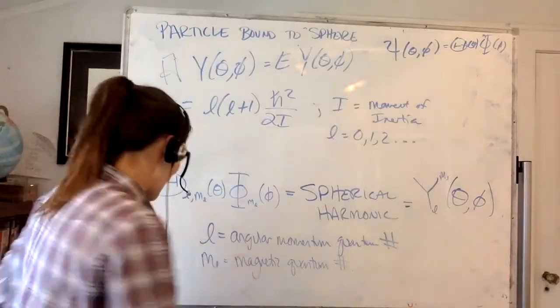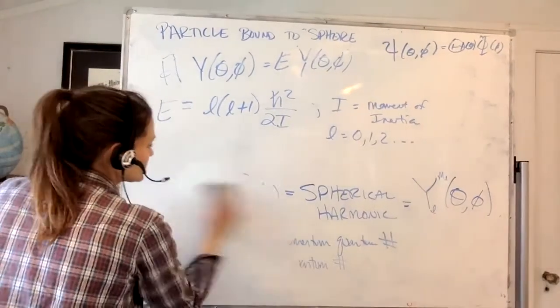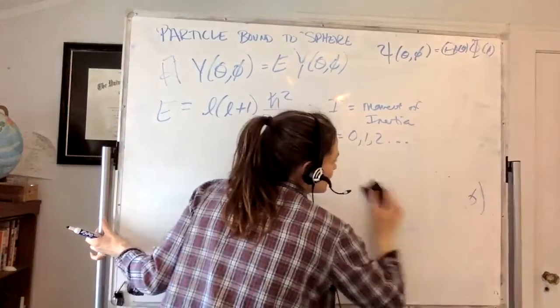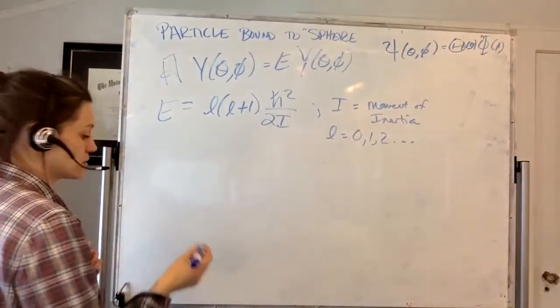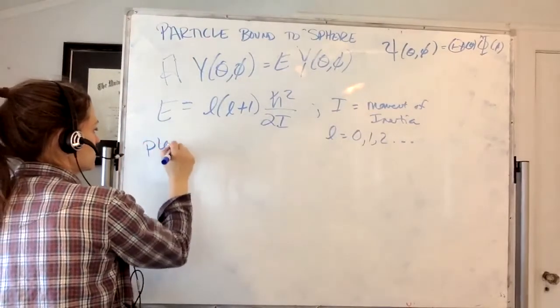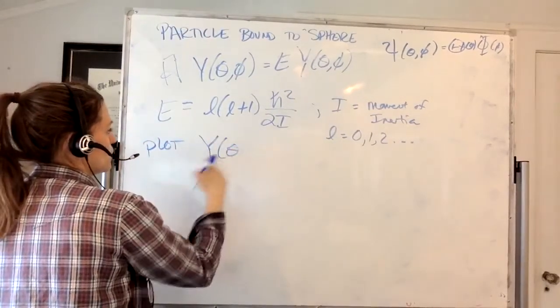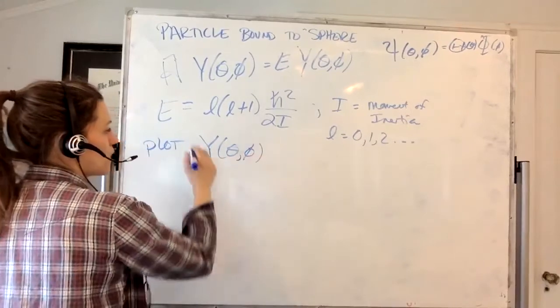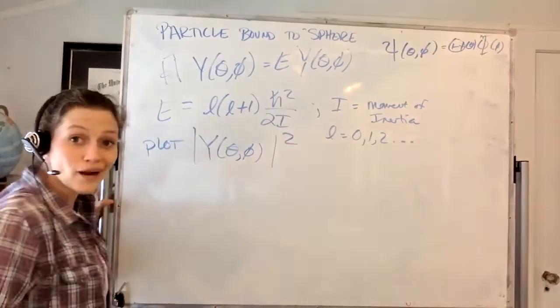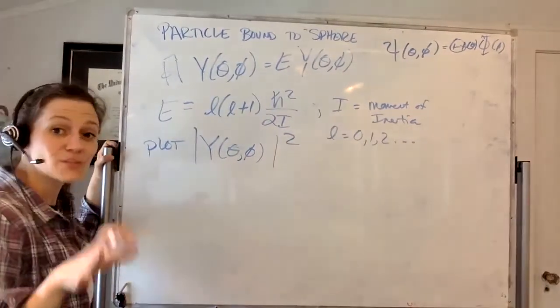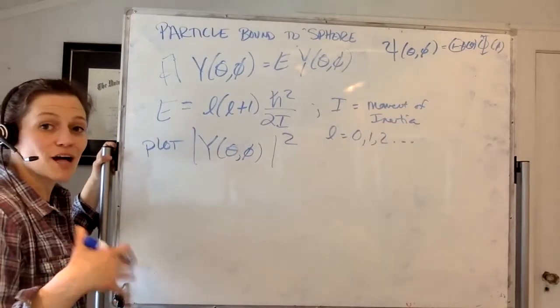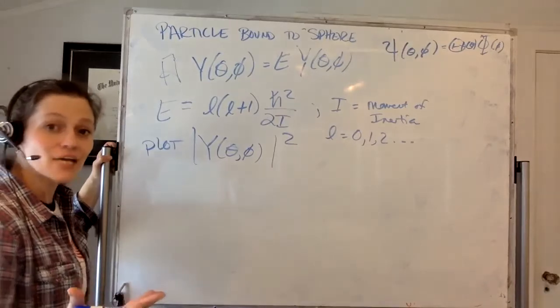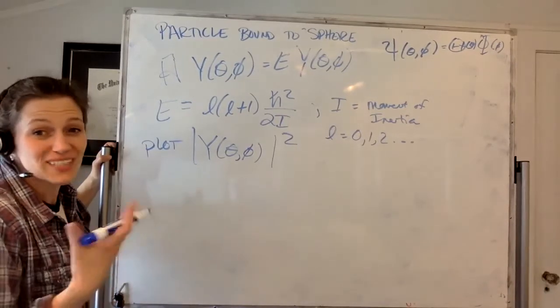Okay, last but not least, let's plot these suckers. If I were to plot the spherical harmonic, I want to plot the square of the spherical harmonic because that's my probability density. I don't want to just plot the spherical harmonic by itself because that just gives me the probability amplitude and doesn't tell me much.